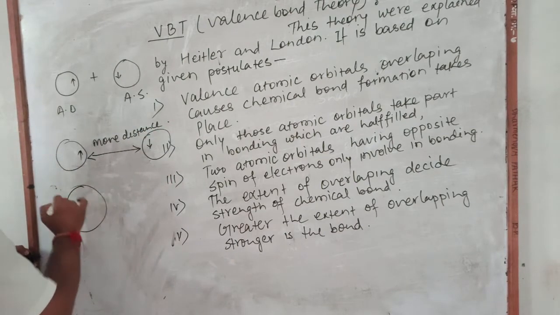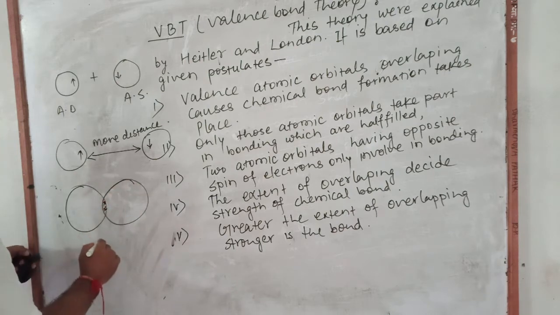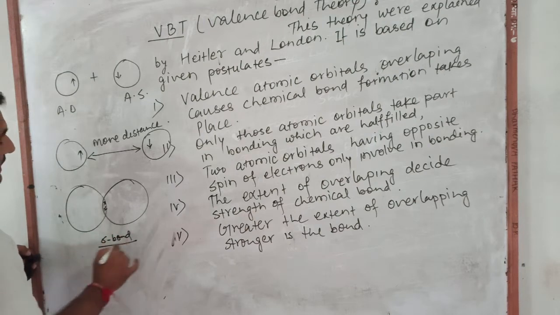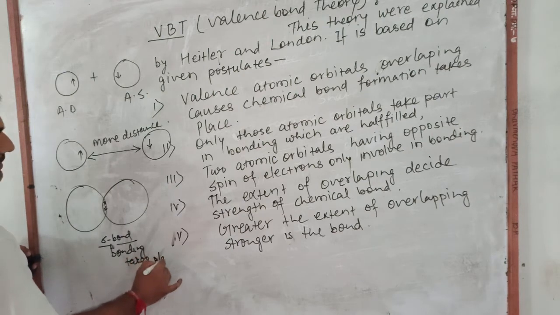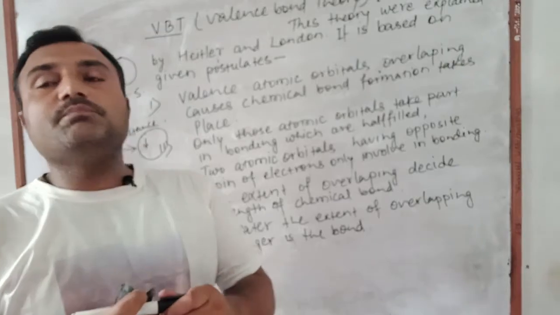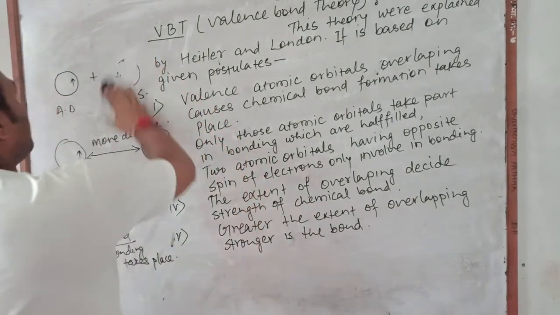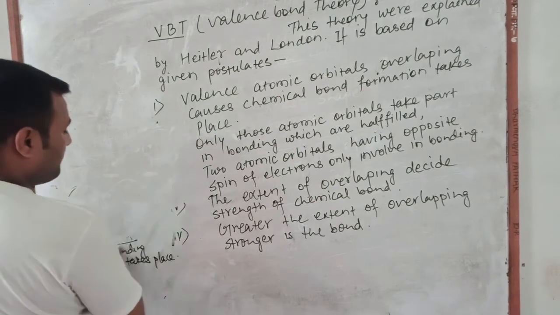When brought closer, the atomic orbitals overlap, and this causes sigma bond formation. Strength of a bond can be determined on the basis of extent of overlapping, and how overlapping takes place helps to decide the type of bond.